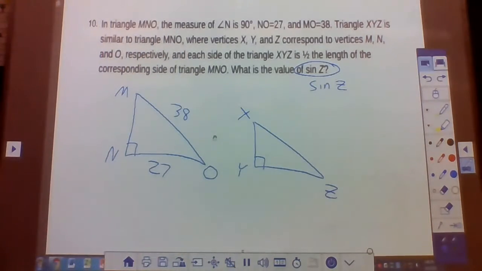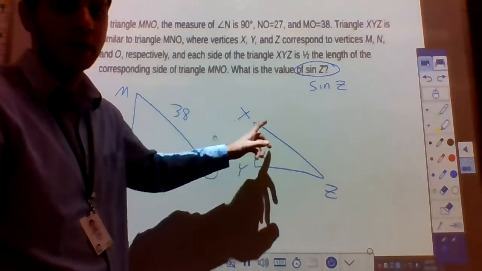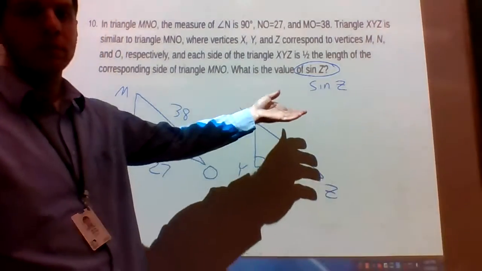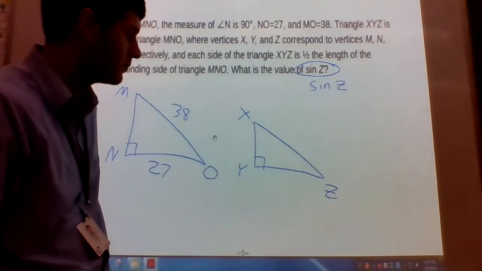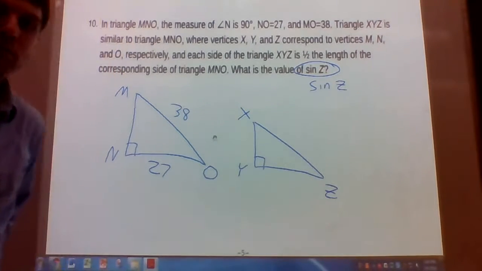So sine is opposite over hypotenuse, so we can either find the ratio of the opposite side over the hypotenuse, or we can find the angle measure and plug it in to the sine function, and that'll tell us what the value of sine Z is. The easiest way is to find the angle.